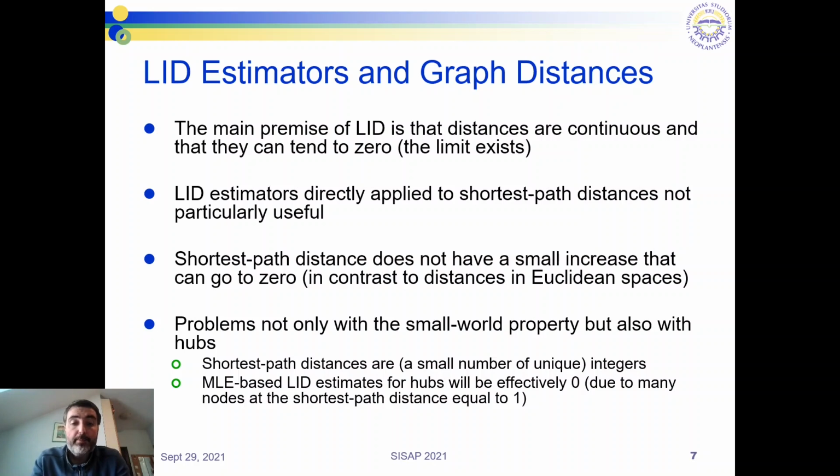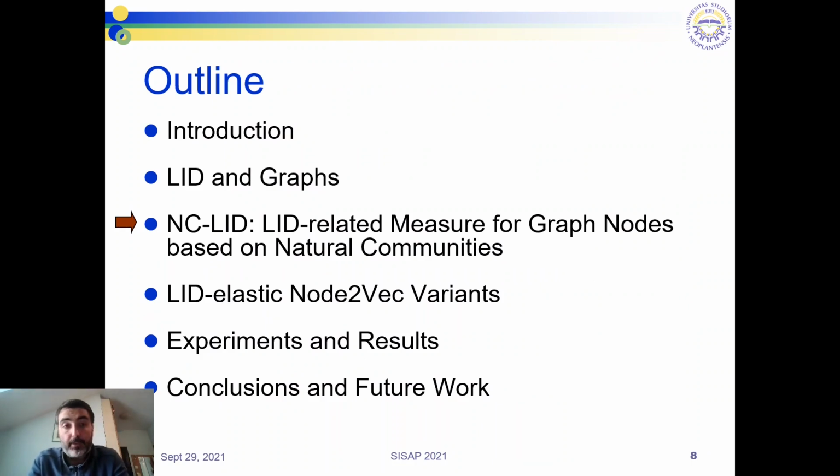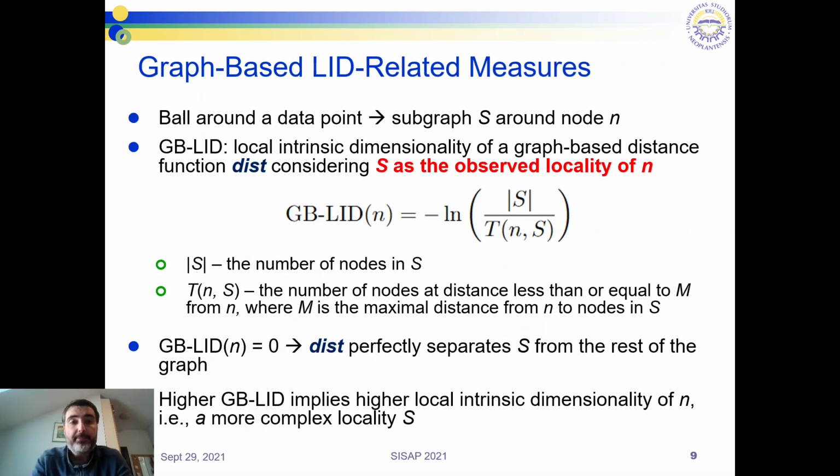And also for hubs, LID estimates could be pretty much 0 or close to 0 because many neighbors of hubs are actually direct neighbors, and many points from the same surroundings, same community, will be direct neighbors at distance 1, right? So this is why we are proposing this NC LID measure.